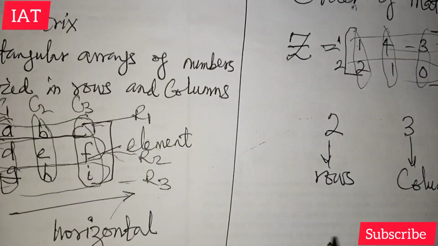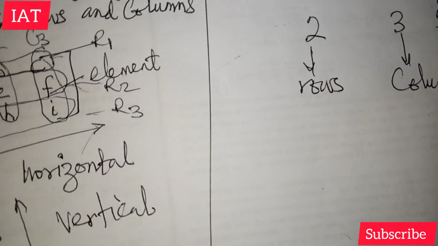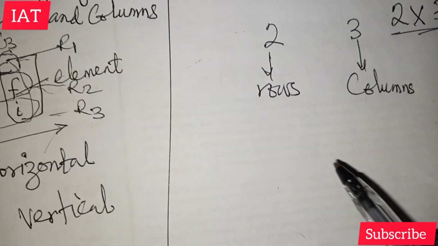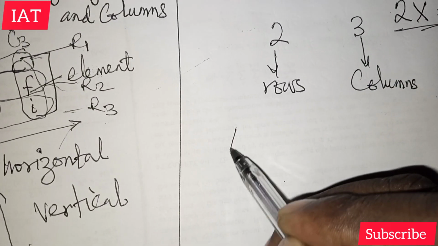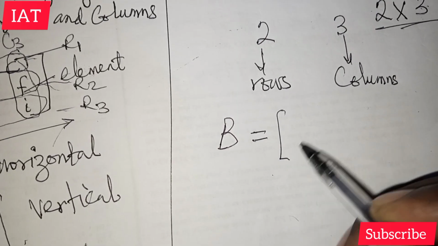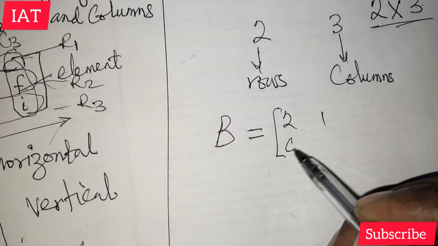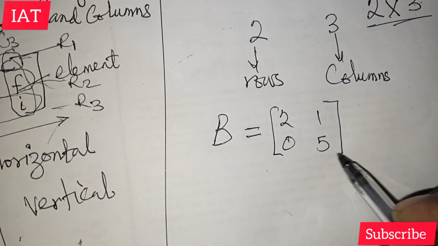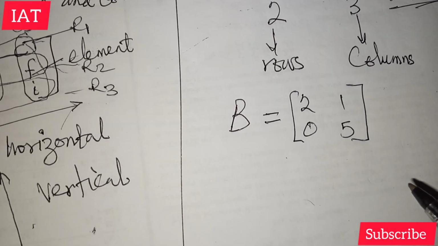Let me give another example to ensure that you digest everything. If I have a matrix B equal to 2, 1, 0, 5, what is the order of this matrix? That is simple.